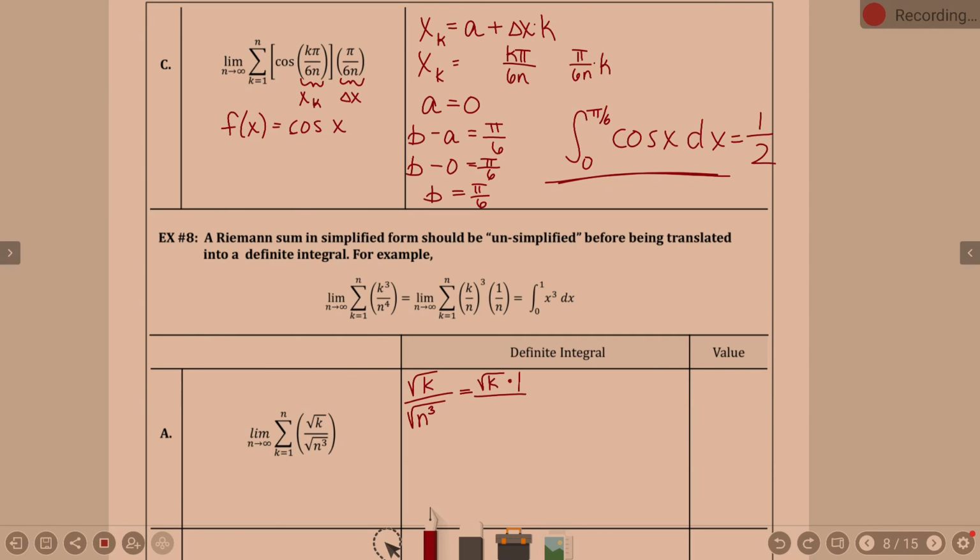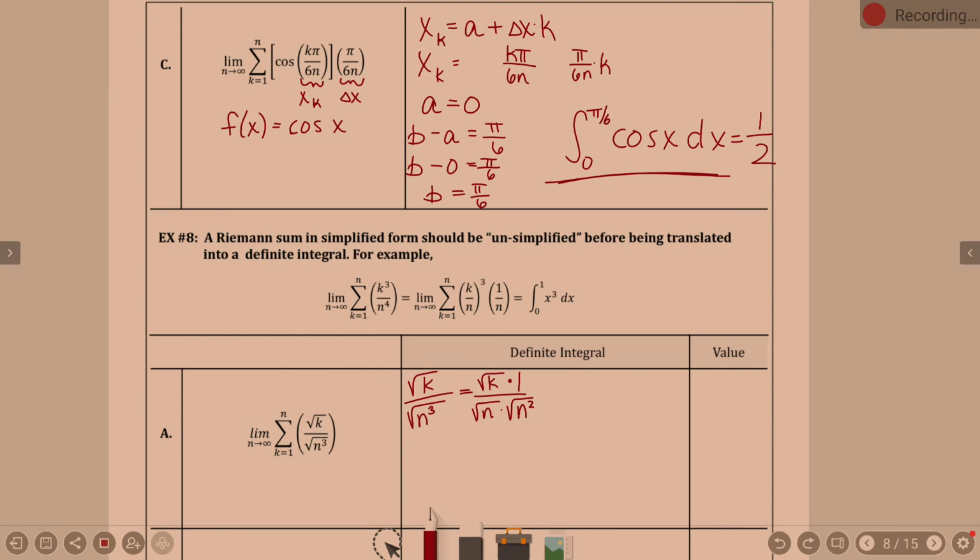This n cubed on bottom, think about it as square root of n times square root of n squared. The fact that square root of k over n, that's going to get us the idea Megan just mentioned, square root of x is going to be our function here.